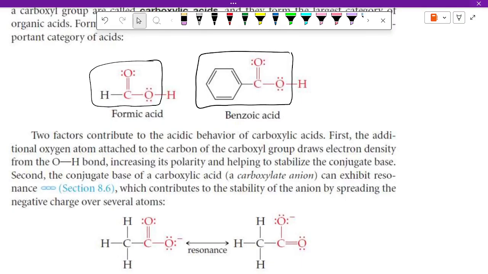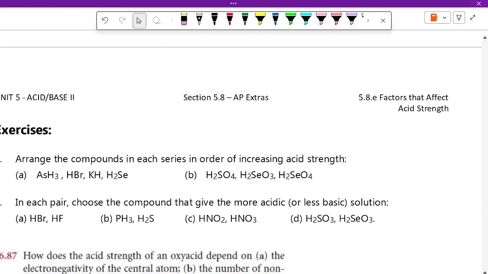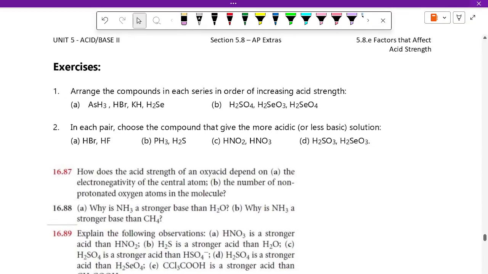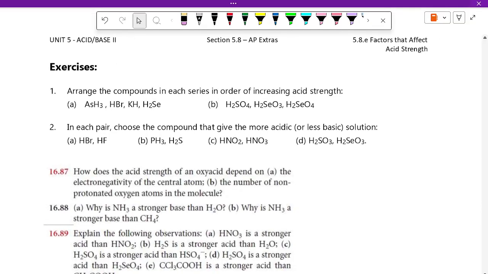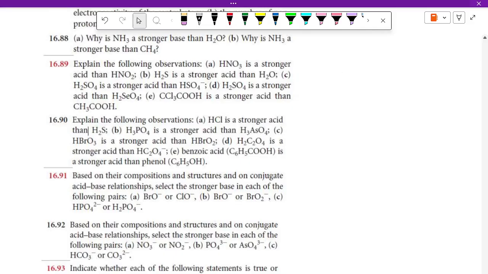I would say benzoic acid. Yeah. Okay. That's all. There we go. There's a bunch of questions. They all came from BLB. I don't know how great they are. Mostly, rather than focusing on explanations, I would just be like, which one is stronger? Those kind of questions, so you could just get a feel for it.